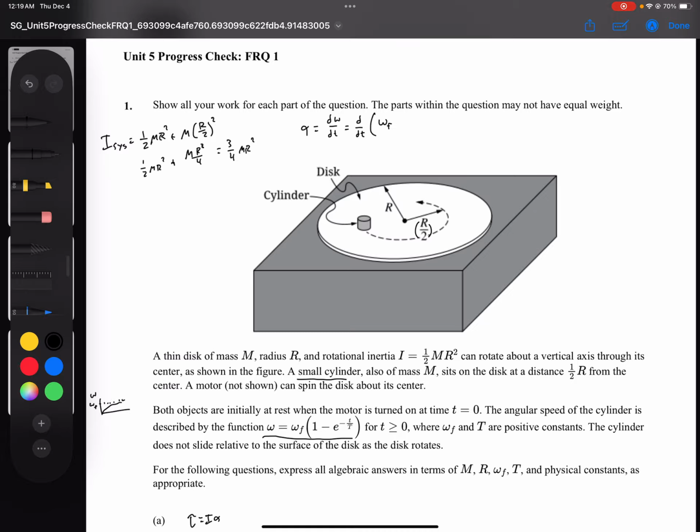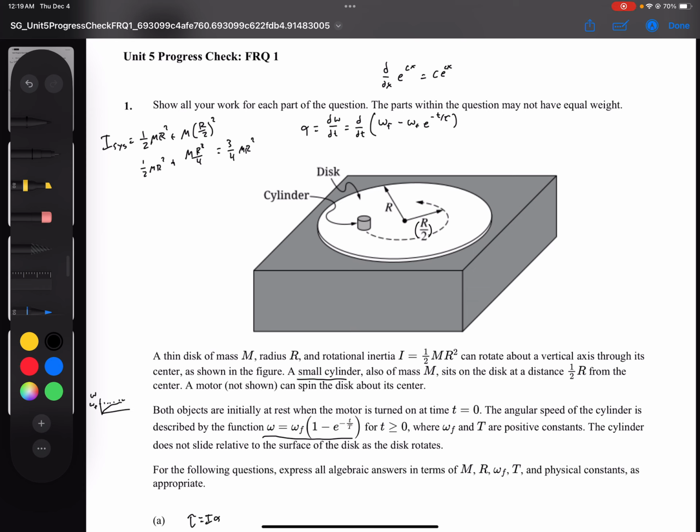So I have omega f minus omega f times e to negative t over tau. And then let's remember the power rule when it comes to dealing with an exponential. So if I take, say, d over dx of e to the c times x, I get c times e to the cx. So I just bring that coefficient down, right?